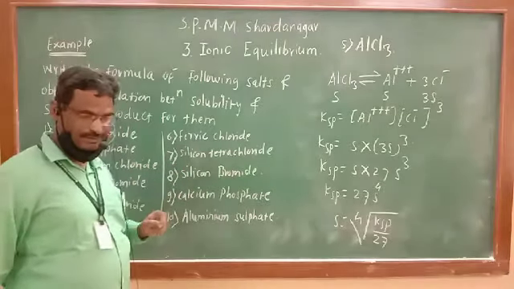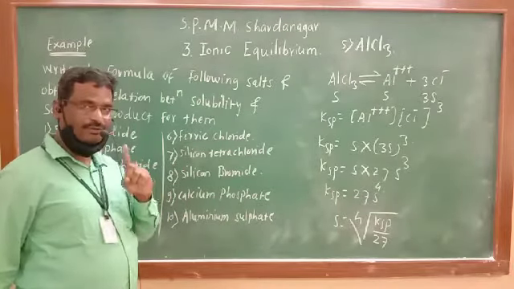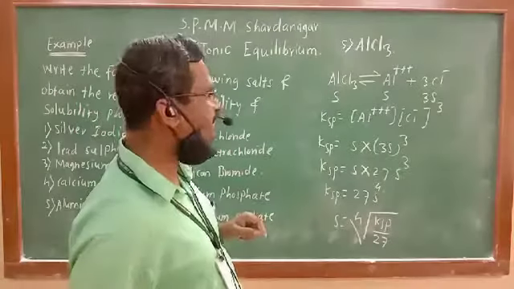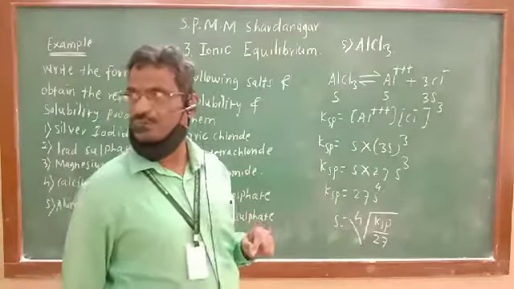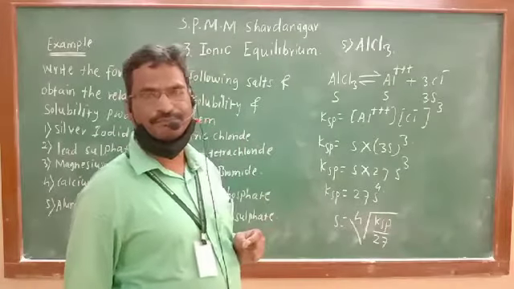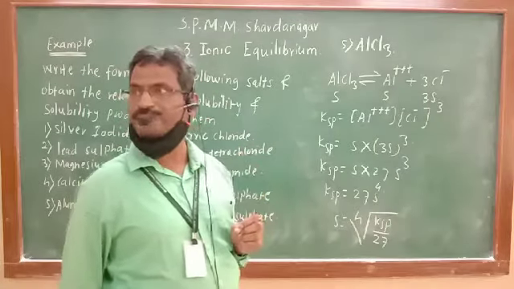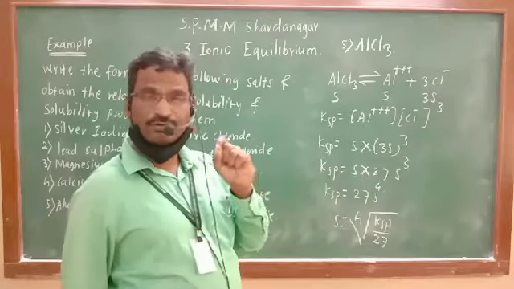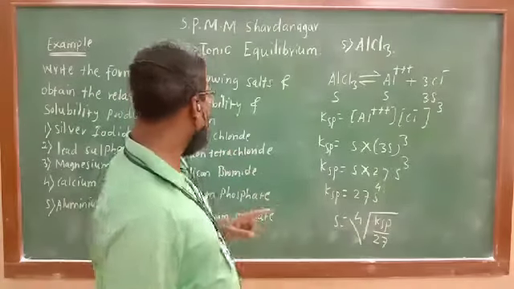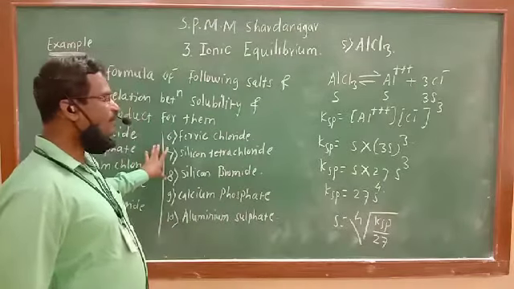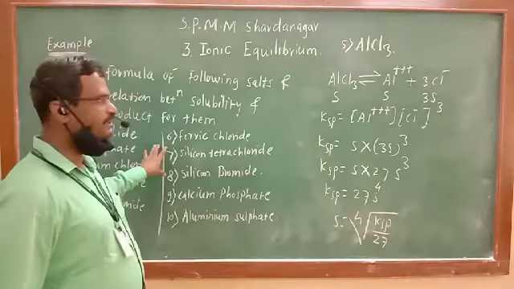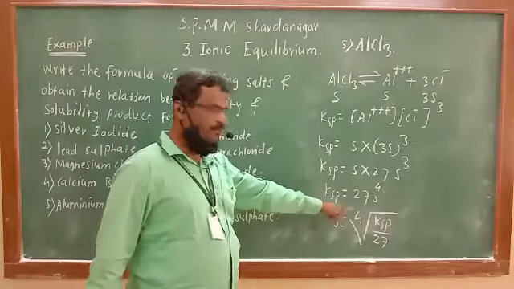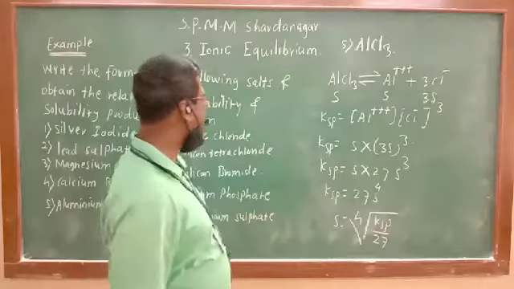But for that purpose, one important thing we must know: we must have a list of cations and anions with a proper sign, and the proper number of charges should be known. Then and only then can we write the molecular formula of these salts, and then we can obtain the relation between solubility and solubility product.